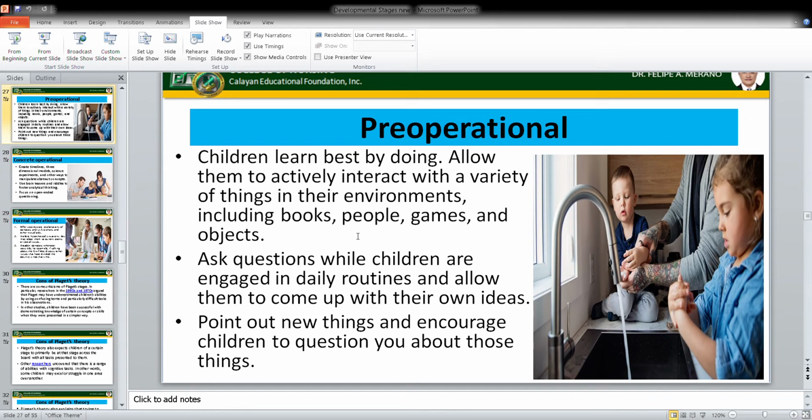Imagine the mother teaching the youngest so that the eldest boy participates or sees how they are doing. Ask questions while children are engaged in daily routines and allow them to come up with their own ideas. So questioning and communicating with children are very important so that you will know their ideas while doing things.